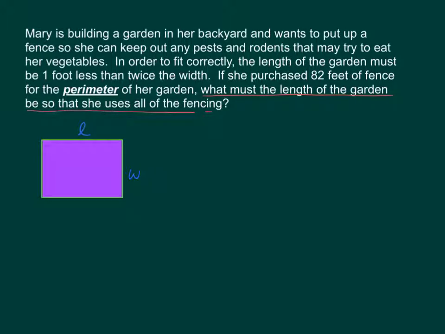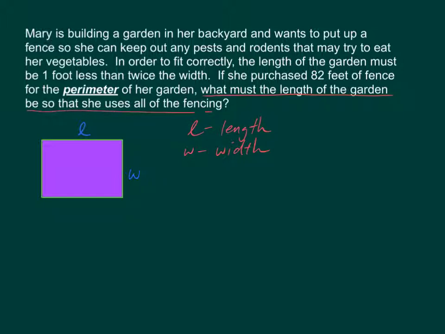So we're looking for length, so I'm going to call L my length. We also don't know anything about the width, so I'm going to call W my width. And we know that all of the units here are in feet. You can see this here, 1 foot less than twice the width, 82 feet of fencing.